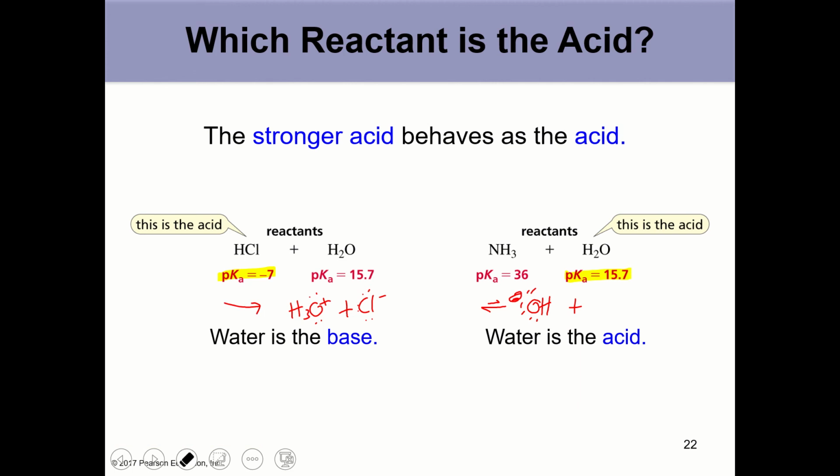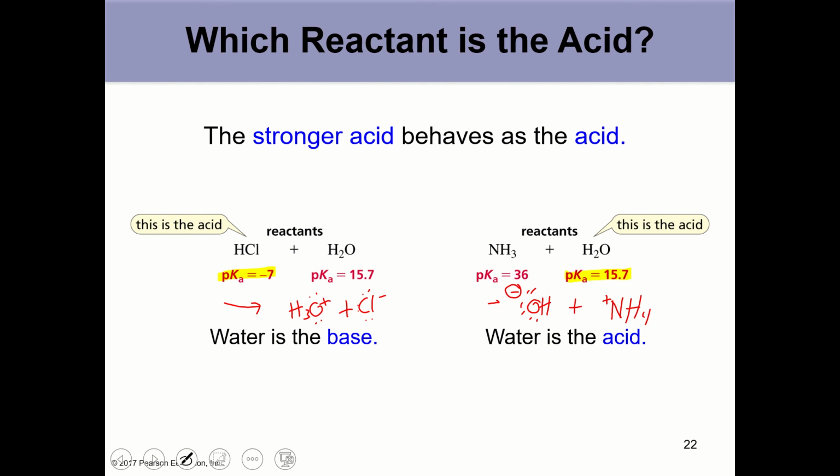Trying to circle the negative charge. Okay. The ammonia will become protonated to make ammonium ion with 4 hydrogens and a positively charged nitrogen.